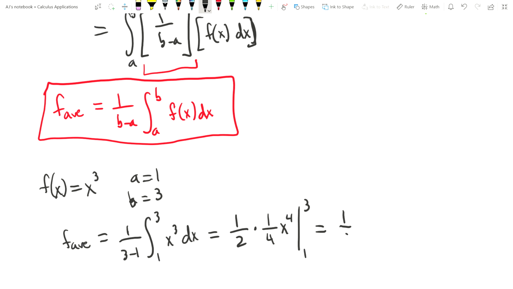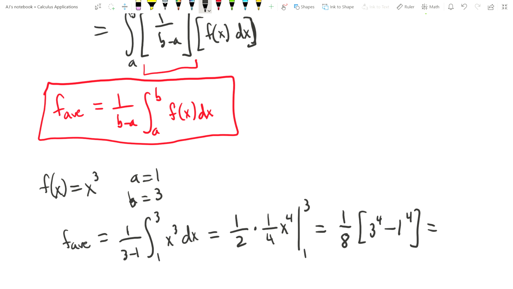So simplifying these fractions, 1/2 times 1/4 is 1/8, and we have x to the 4th over the interval from 1 to 3, so this is going to be 3 to the 4th minus 1 to the 4th.